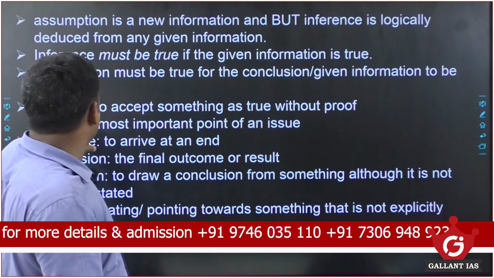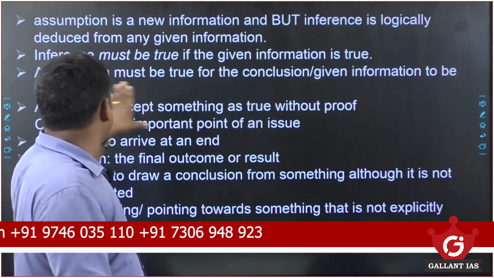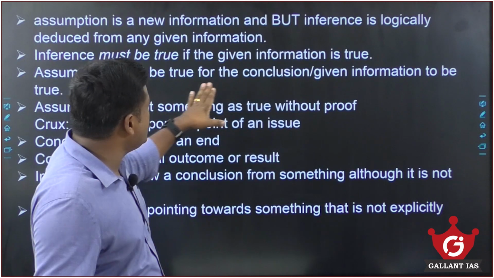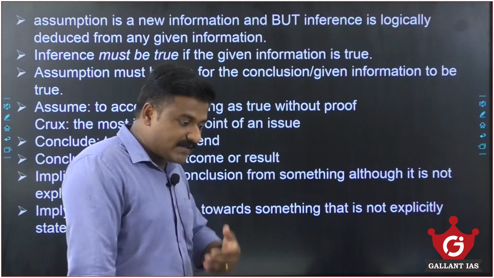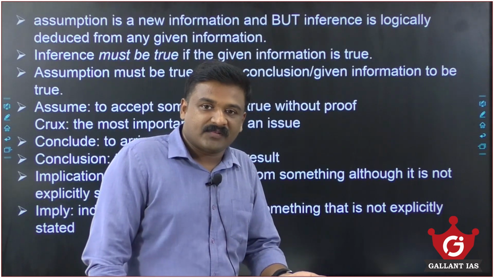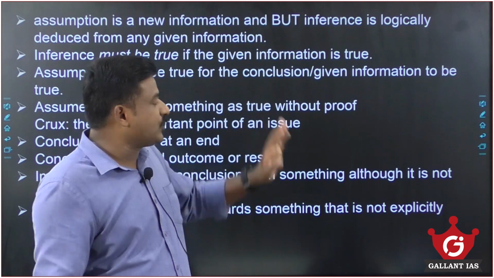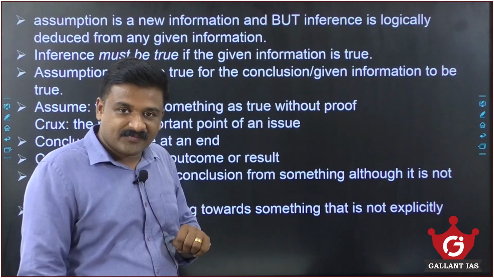But coming to assumption, assumption must be true for the conclusion, for the given information to be true. Assumption is something we assume to be true, and that should be true for the given information to be true.